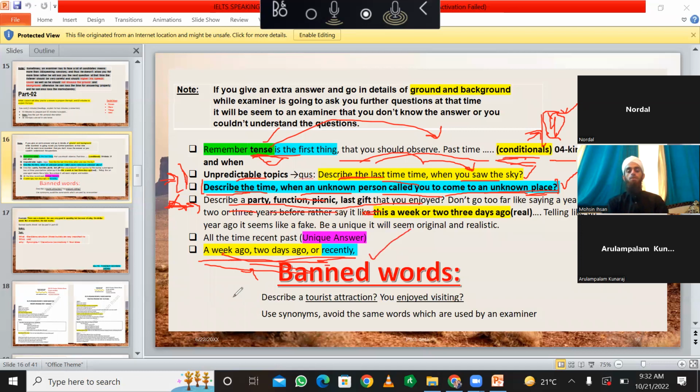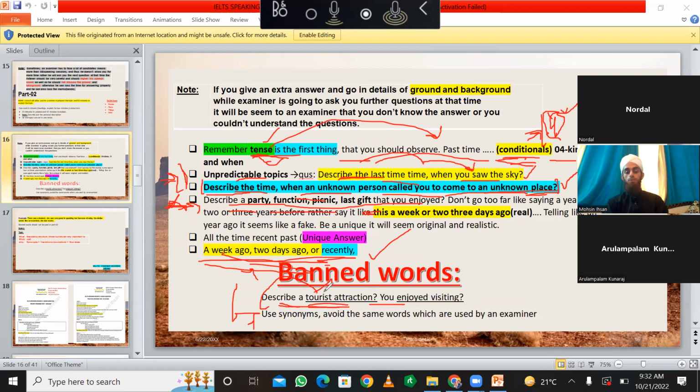Okay. Now, when the examiner uses some words, you are supposed to use different words for those words. Like if the examiner says, describe a tourist attraction you enjoyed visiting, you should say, the most impressive and pleasurable moment was the one when I went on that picnic last week, right?